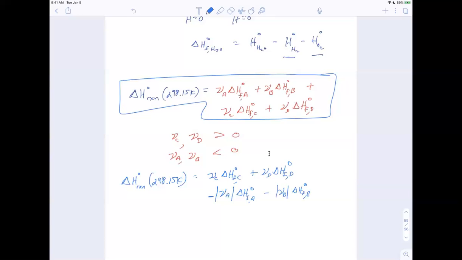So their delta H of formation would have to be negative. So delta H of formation has a sign. There's a directionality to it.